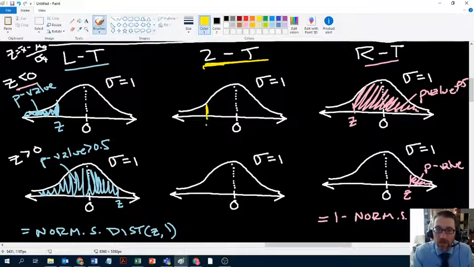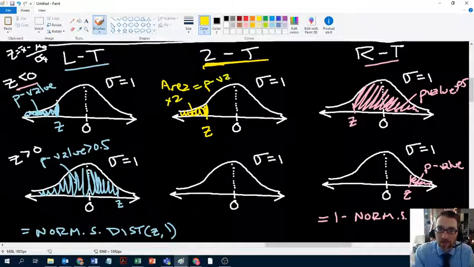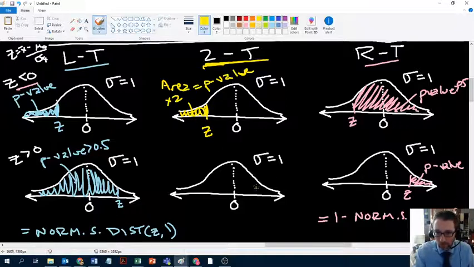So if you have a negative z, you're going to find this area over here, the nearest tail, and this area that's right here times 2 is going to be your p-value. And if you have a positive z, then you're over here. Again, we don't want to know about this. We want to know how far away you are.